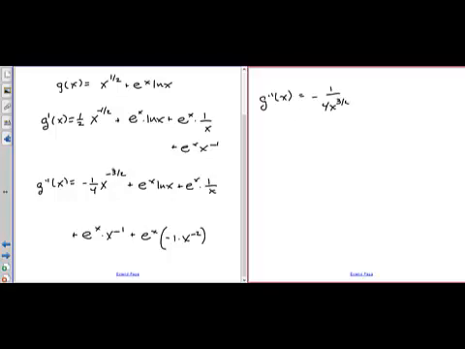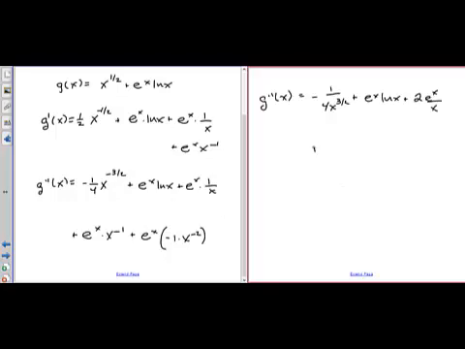I've taken that negative exponent term, moved it to the denominator, made it positive. I've got this term here, which is e to the x natural log of x. I've got two of those, so that's going to be 2 e to the x, and then 1 over x. So I'm just going to put the x down there. So it's 2e to the x over x.